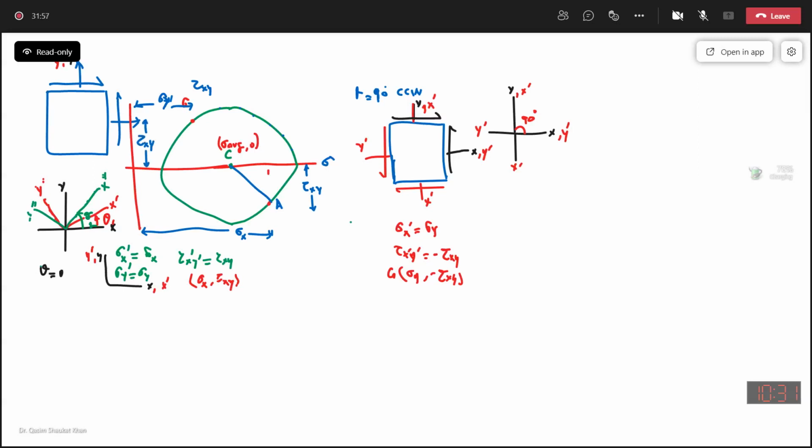And this is the negative sign. This point is clear, reference point A and this point G. Are these 2 points clear? If you have any question about these 2 points, you can ask me now.